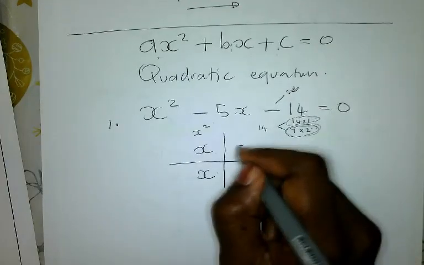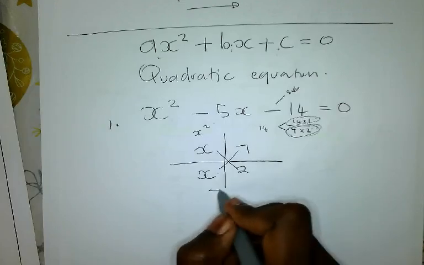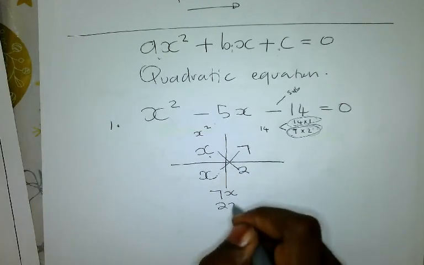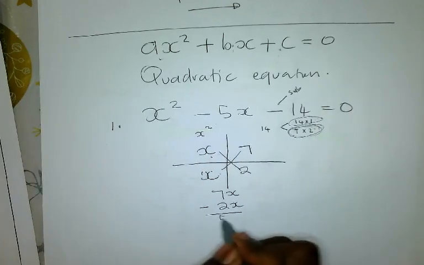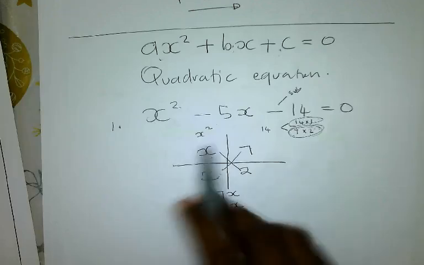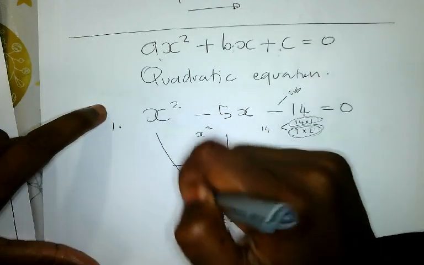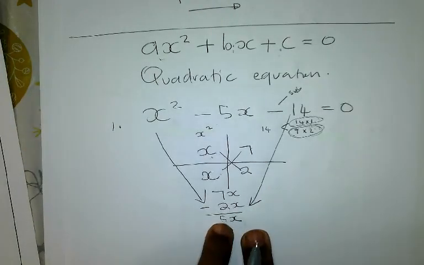So I write 7 and 2. Then we do our cross multiplication. 7 times x is 7x, 2 multiplied by x becomes 2x. If I were to subtract these, I would get a 5x. Can you see? That's the middle term. So we use the first term and the last term to get the middle term.